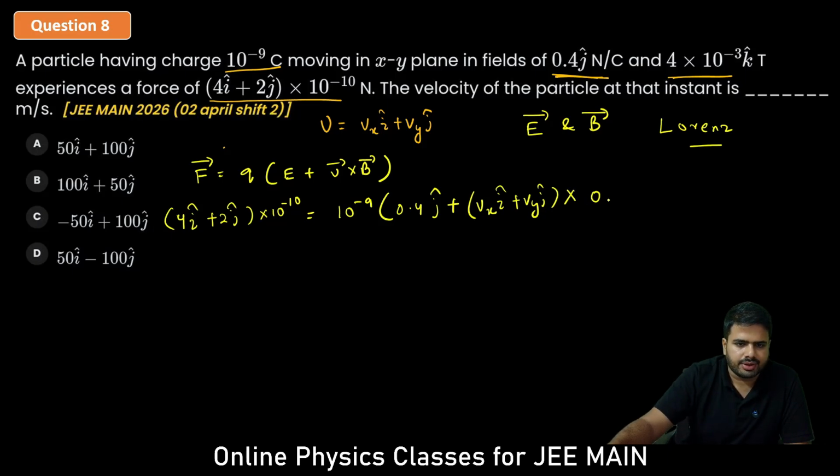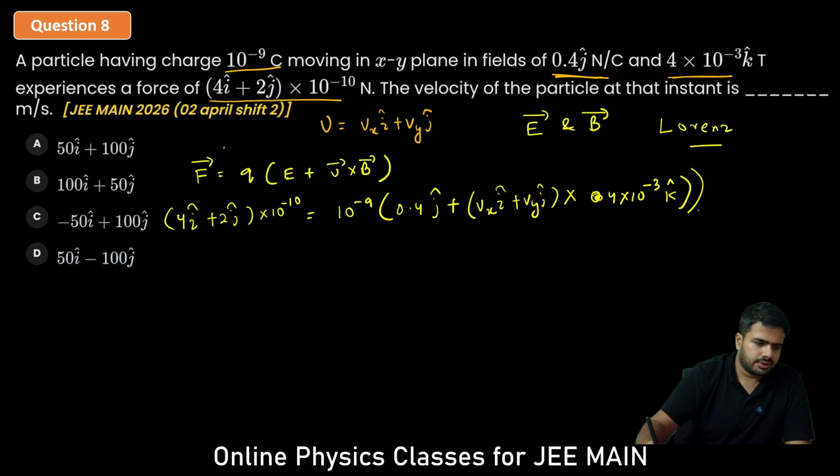The magnetic field they have given in the question is 4 into 10 to the power minus 3 k cap. So this is the cross product we are going to do right now, V cross B.